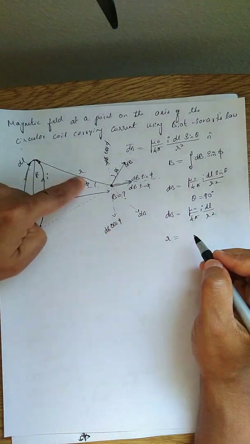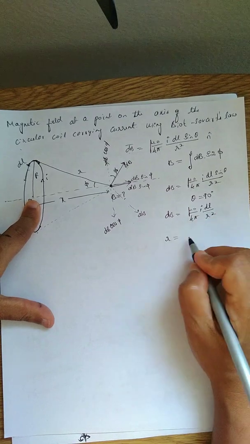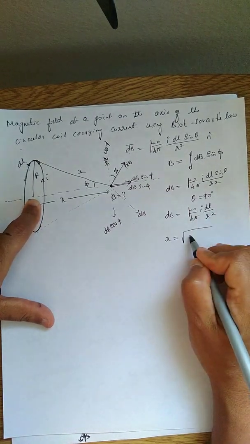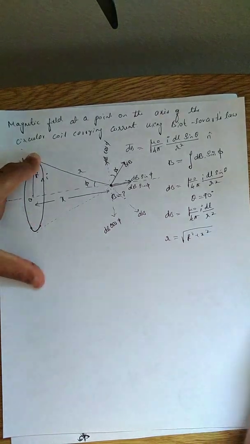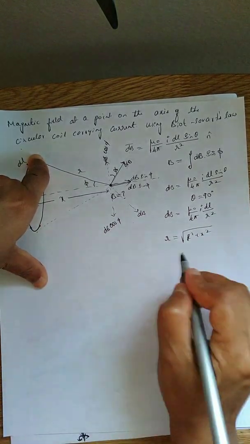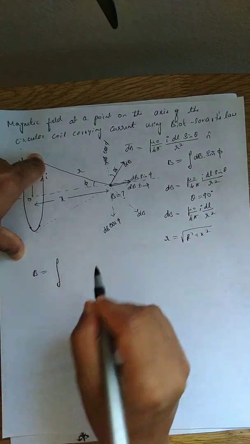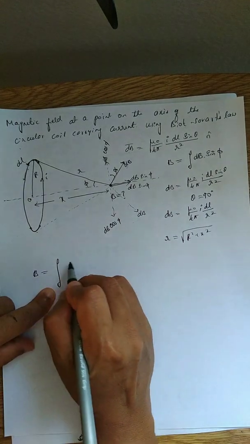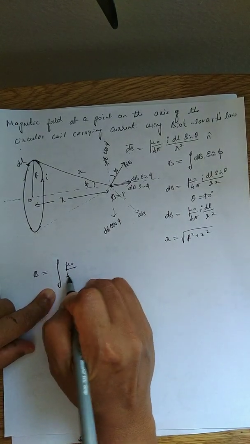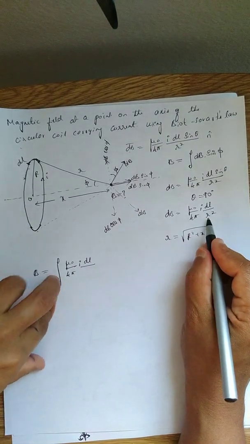We can write the distance in terms of the radius and the distance x. So by Pythagoras theorem, r squared plus x squared. So dB is mu naught by 4 pi I dl by r squared.